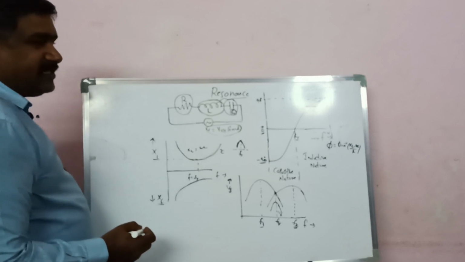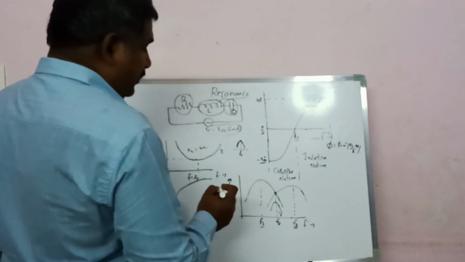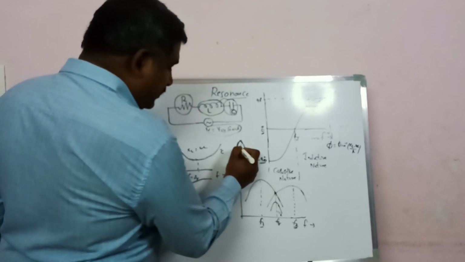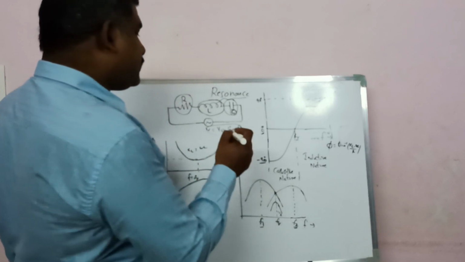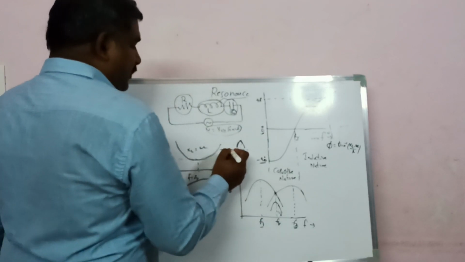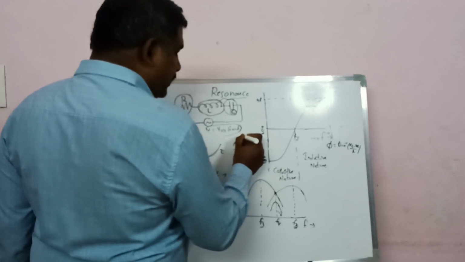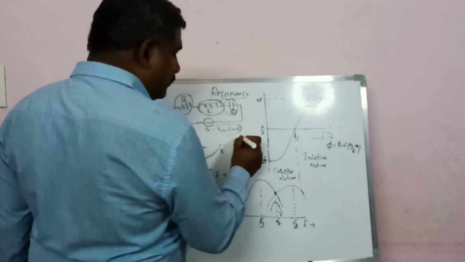We don't have any significant value in varying the resistance, because let us assume that if you keep one more value of resistance, the current value will be increased but the resonant frequency cannot be increased.